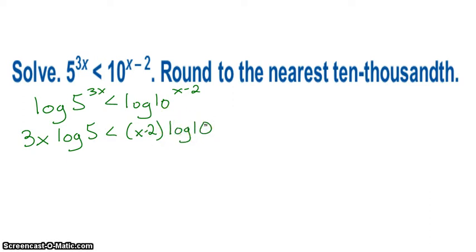Now, besides the fact that this isn't an equality, it does have x's on both sides. When there are x's on both sides, that's when things at least look a bit ugly. So I want to get x all by itself. So there's one on the left and one on the right. In order to get the one on the right sort of on its own, I do have to distribute this parenthesis.